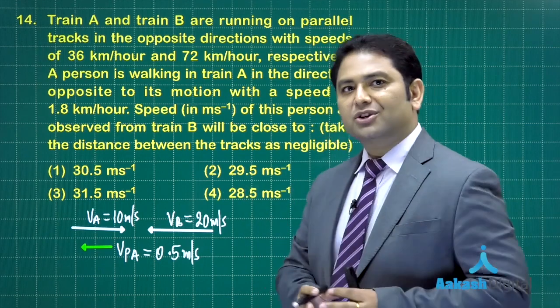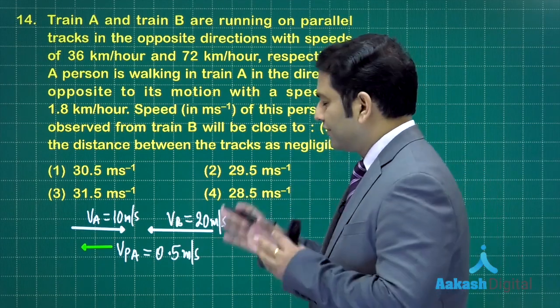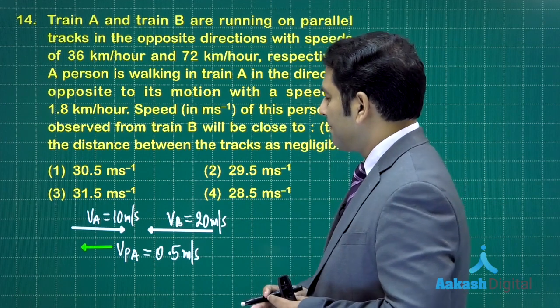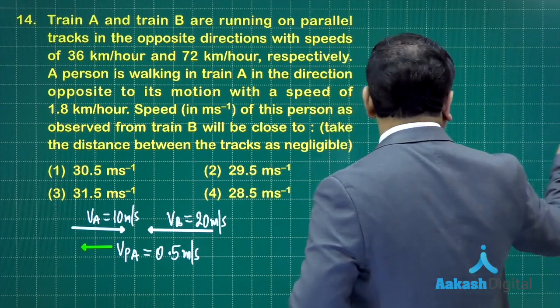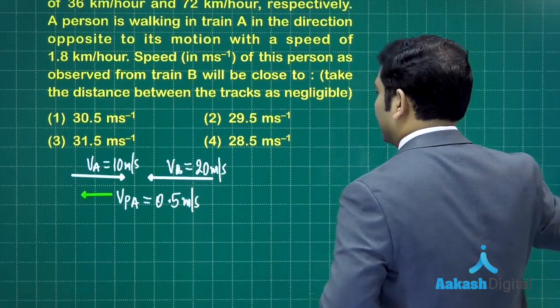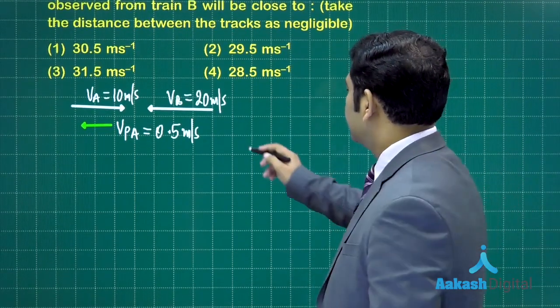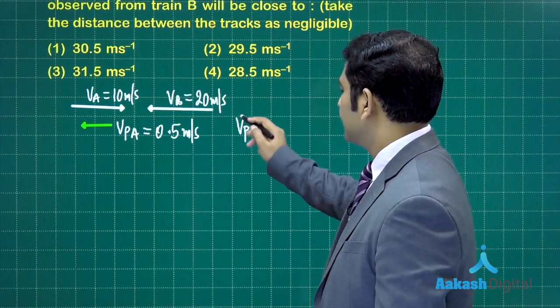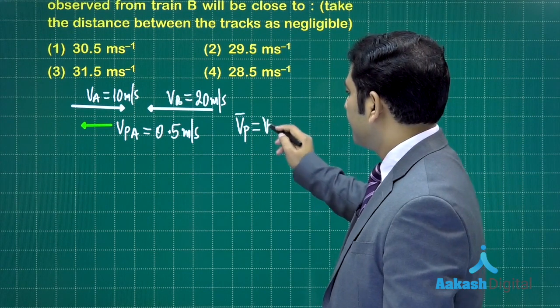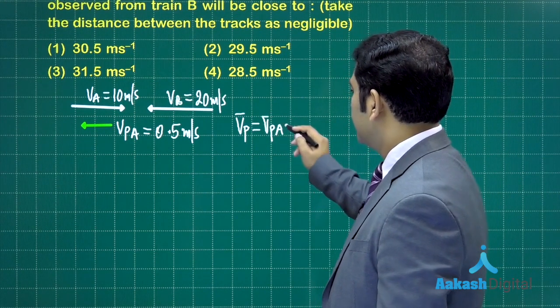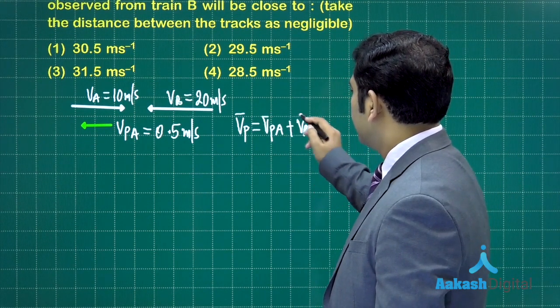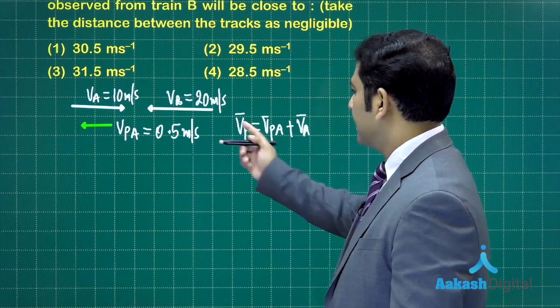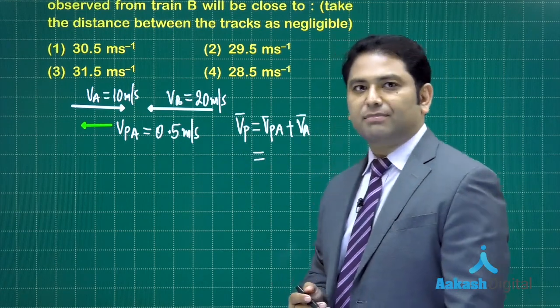Now what we need to do is calculate first the velocity of person and then we will shift it in the frame of B. So this is something like this. First, velocity of person in ground's frame, that's V_PA plus V_A, and V_PA being minus 0.5, V_A being plus 10.